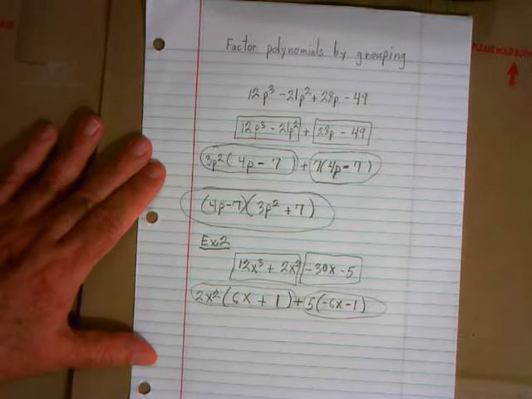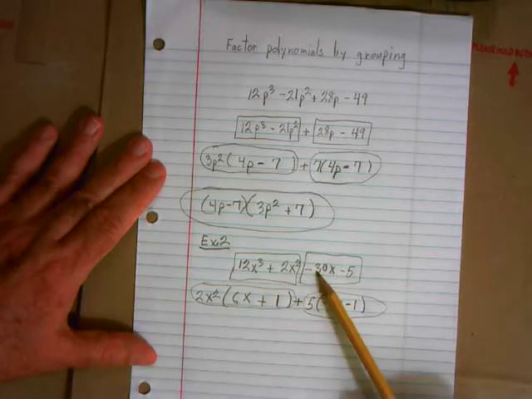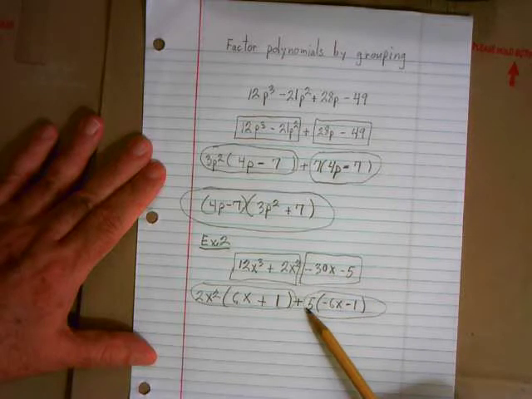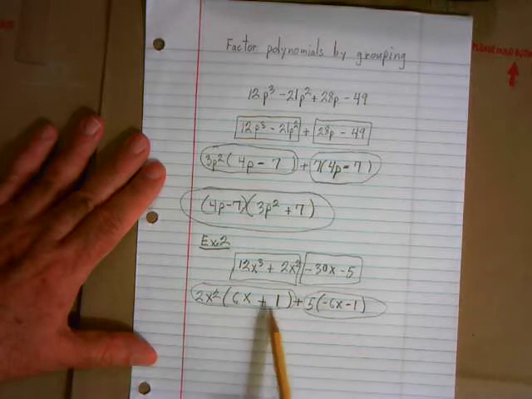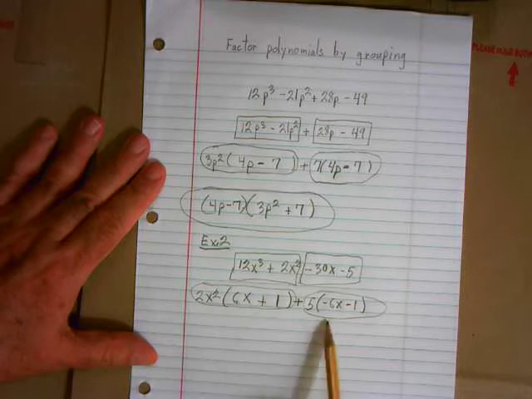But let's take a look at our process. Do you notice from these two terms, we factored out a plus 5. Now, we want to create in these parentheses a positive 6x and a positive 1, so we can factor this out.